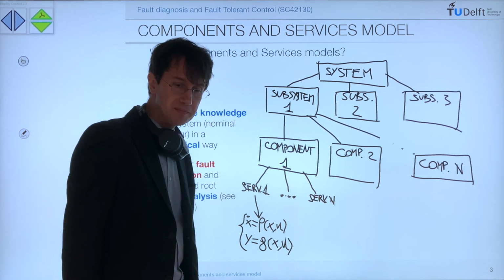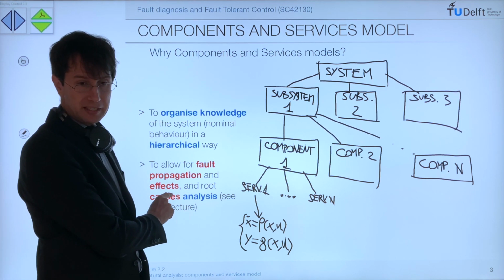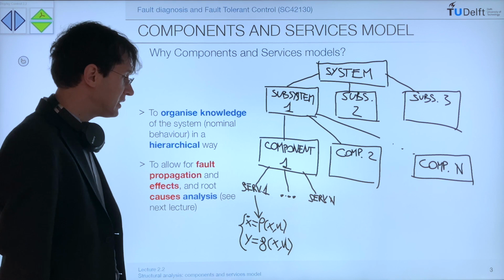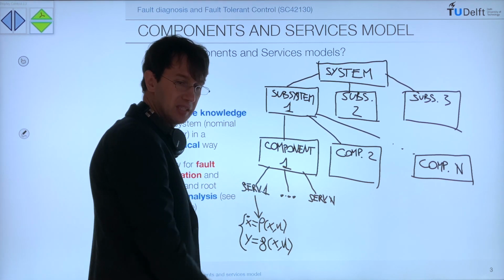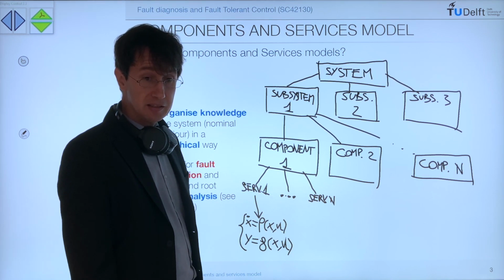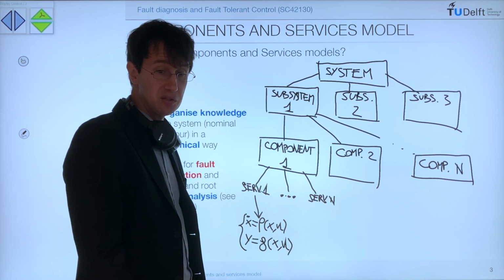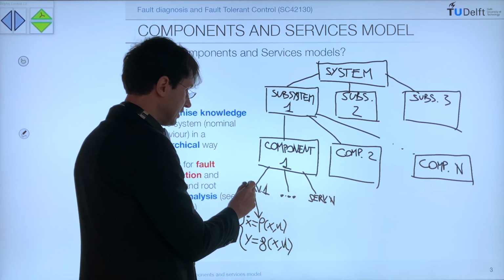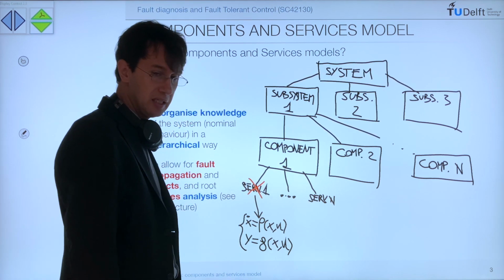But the second is to check how faults can propagate. So let us assume that we have one component, so a temperature sensor, like in the spaceship example. And this component is not working, is not able to provide some intended service.